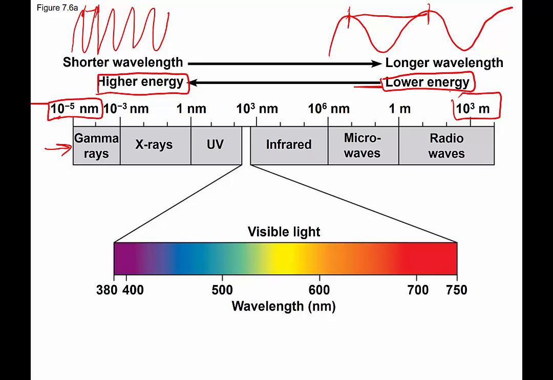Really what we're interested in is called the visible spectrum, or here, visible light. This region right here is the light we're actually able to see. As you can see, purple colors are more on the shorter wavelength spectrum, and reds are more on the longer wavelength spectrum. We're going to see how visible light plays a role in photosynthesis in the next few slides.